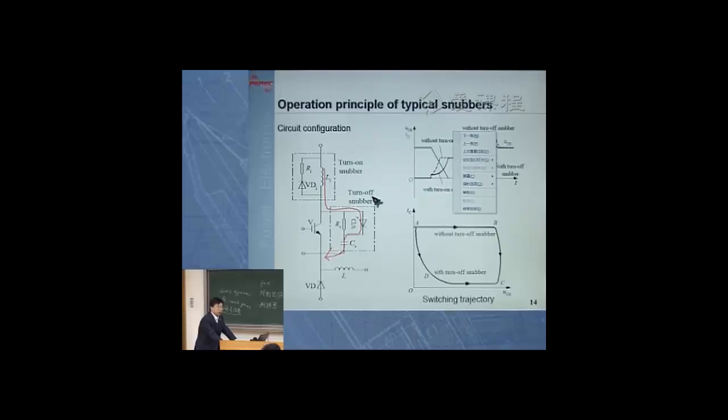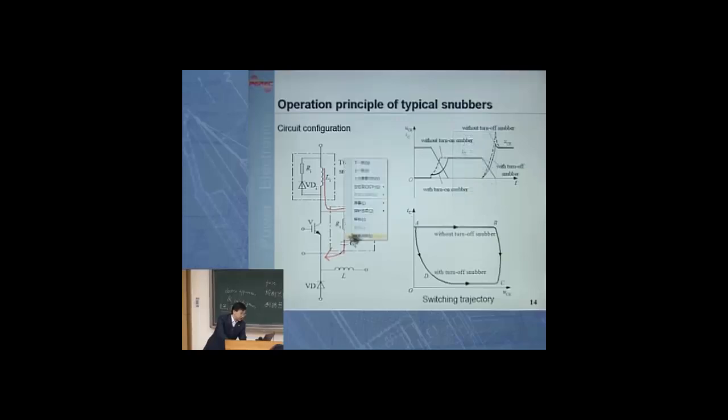That is called a turn-off snubber. This is the way to absorb overvoltage. Somebody may ask, what happens to the energy stored in the capacitor? Next time when this IGBT is turned on, this energy will be dissipated through this resistor.